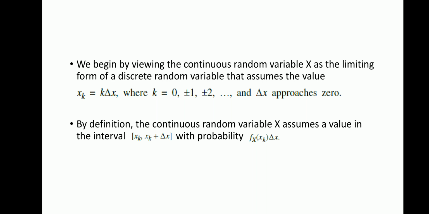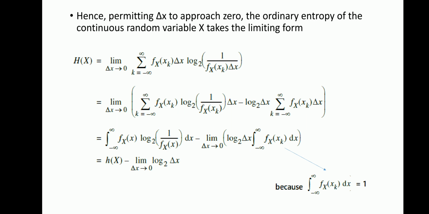We can take this as the limiting case of a discrete random variable, and for a discrete random variable we know that H(X) equals summation of i equal to 1 to n p(xi) log of 1 by p(xi) to the base 2. So we take the continuous random variable as the limiting case of this discrete random variable.